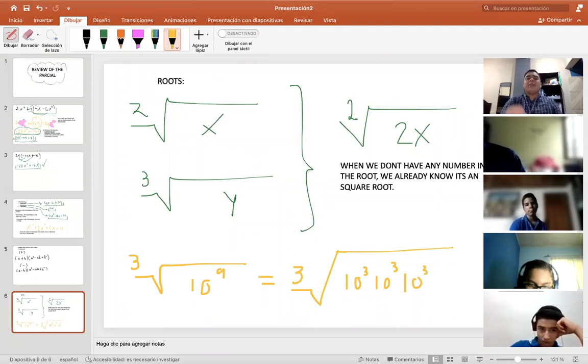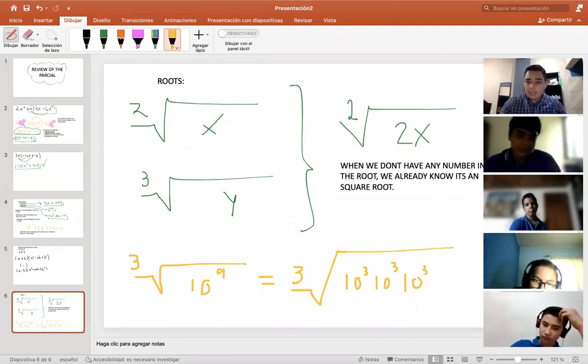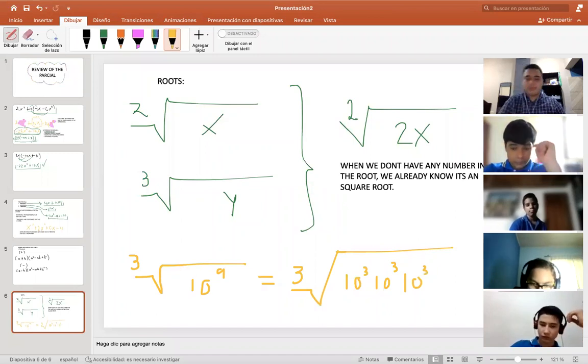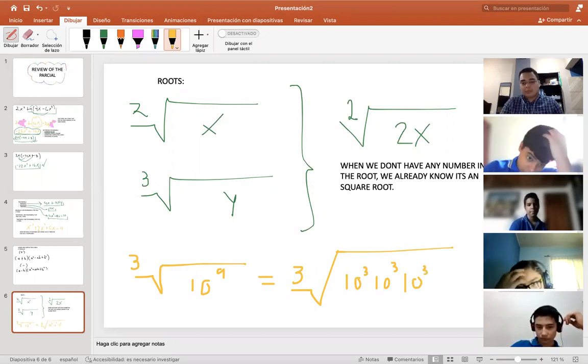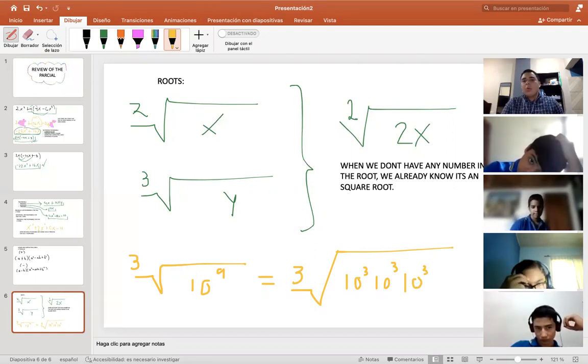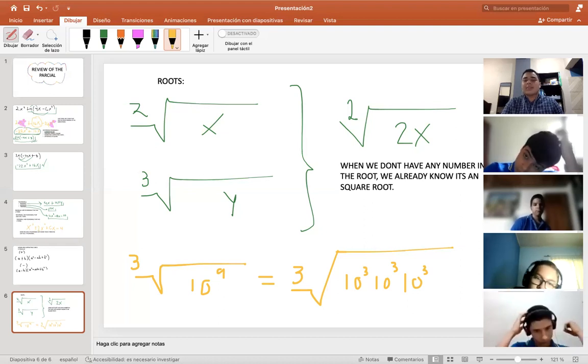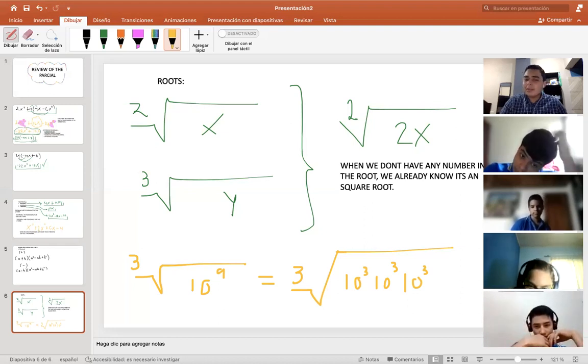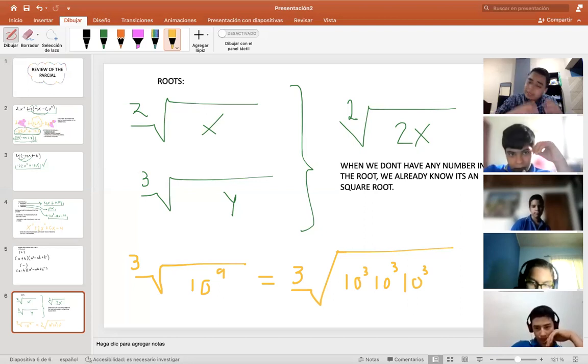What happened if in the exam I ask you, is this expression true or false? It's true. What do you believe? David Espinal is saying that it's true. What about the other ones? Is 10 elevated at 9 the same as if we have three 10s, all of them elevated at 3? Is it the same? Yes or no?